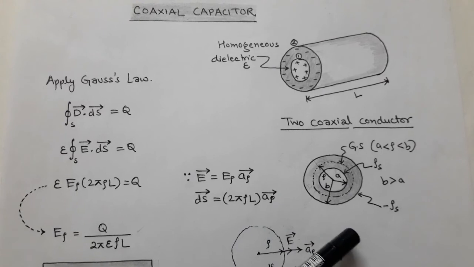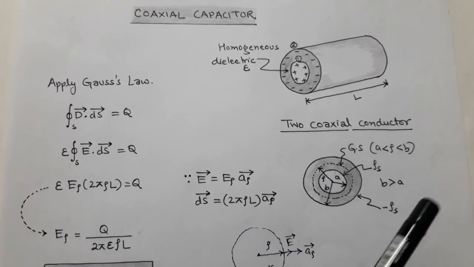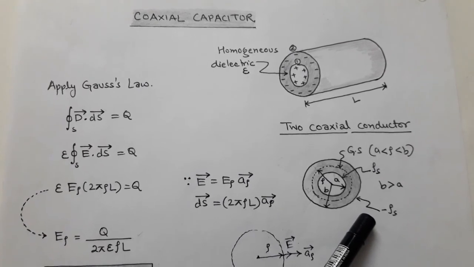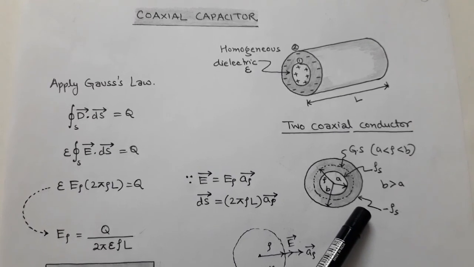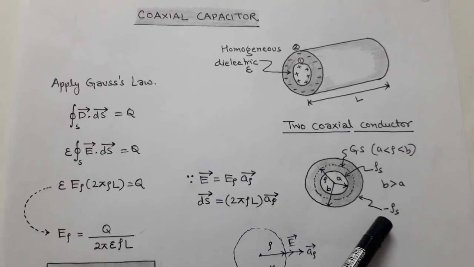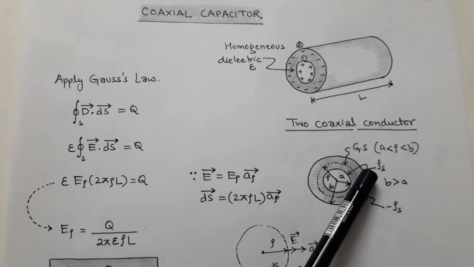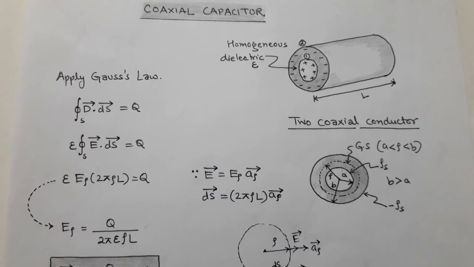The value of rho is in between radius b and radius a. Due to the symmetrical charge distribution, the outer conductor has a negative surface charge density minus rho s and the inner conductor acquires a positive surface charge density plus rho s.